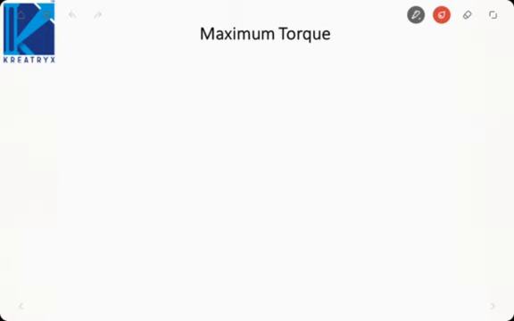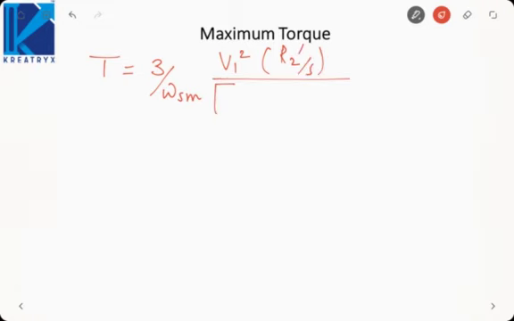Now one thing we can do is we can express any torque as a ratio of the maximum torque. Now any torque is given by 3 by omega Sm into V1 square. We are using the approximate expression R2 dash by S, R2 dash by S square plus X2 dash square.